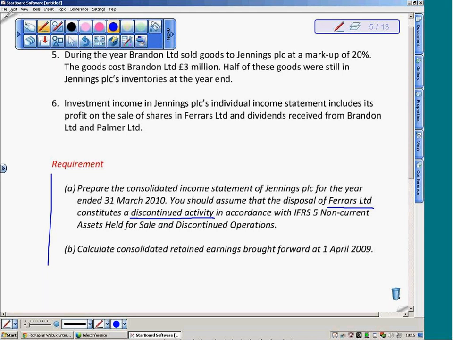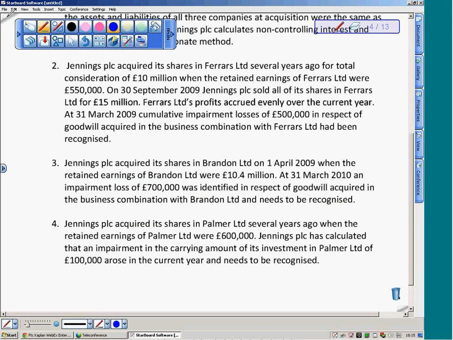Once we've read the requirement, what we could do is draw out our pro forma. Okay, rather than draw out the pro forma now, what we're going to do is actively read the question. Okay, by actively reading the question, we're going to be annotating in the margins, picking up what each note is telling us to do, and particularly think about the areas of impact in terms of our standard working. Okay, so let's do that.